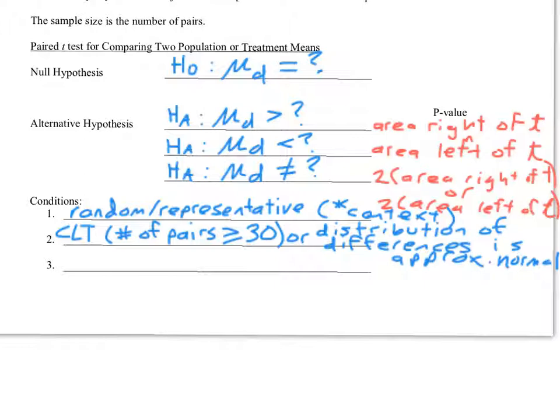So in the last section, the third condition was that the samples were independent of each other, and now it's the opposite. The third condition is that the samples are paired.